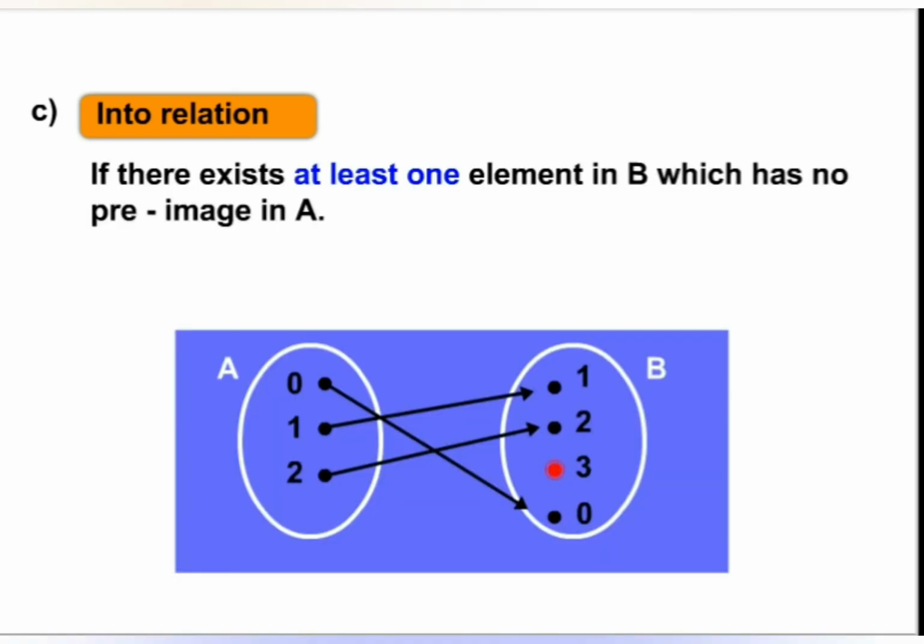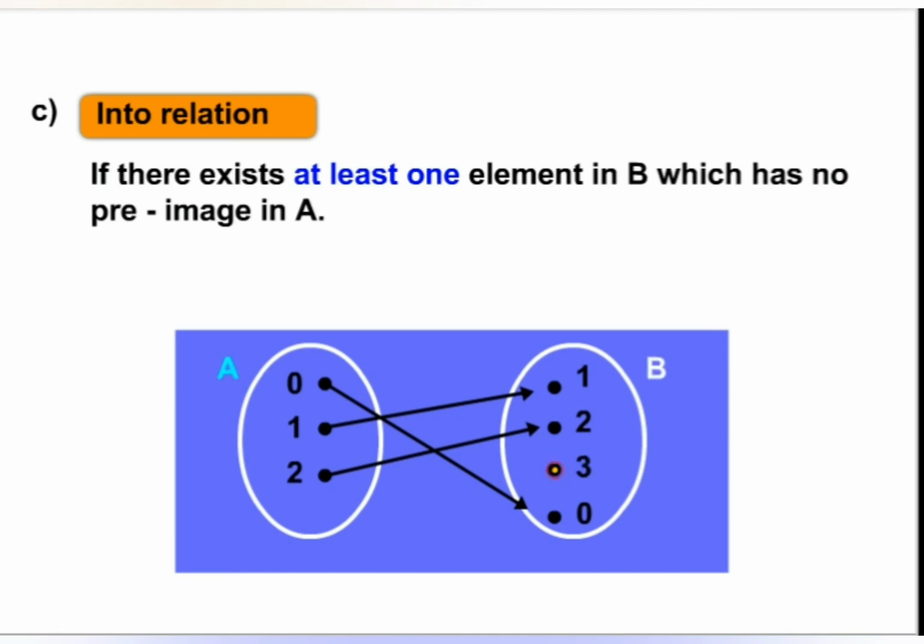If there exists at least one element in B which has no pre-image in A. For example, in the given figure, element 3 in B doesn't have any pre-image in A.